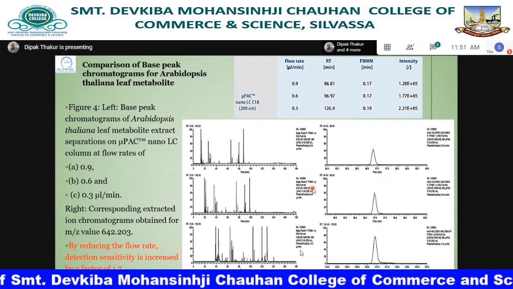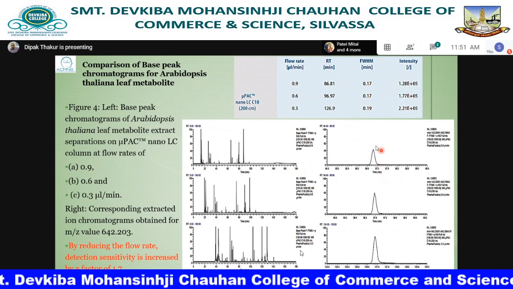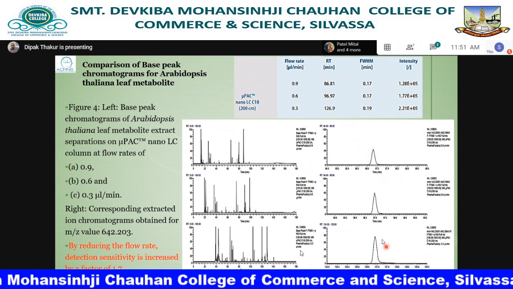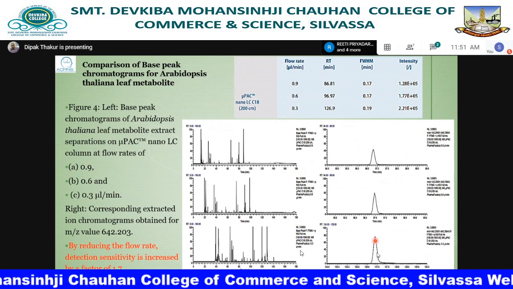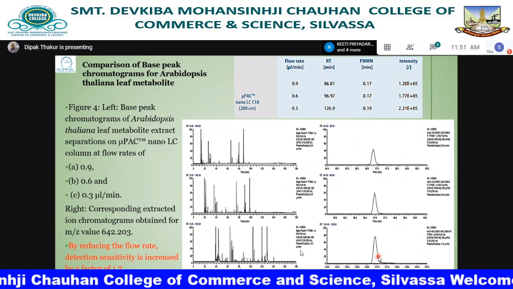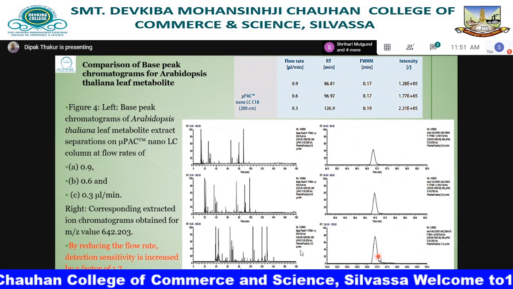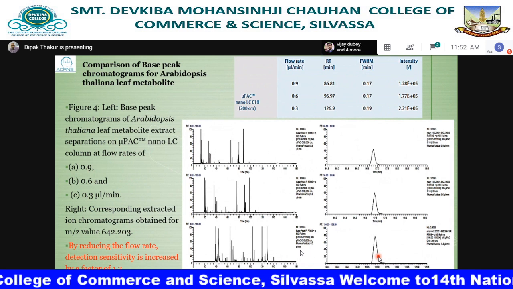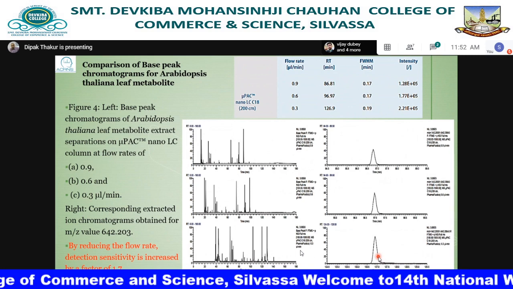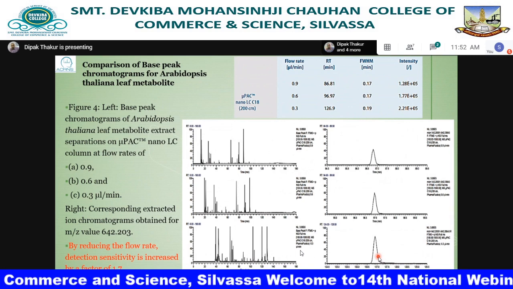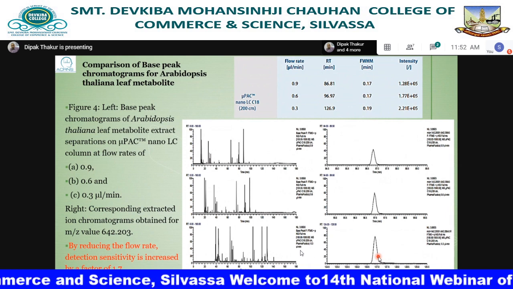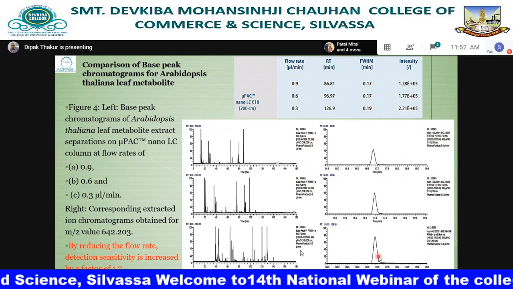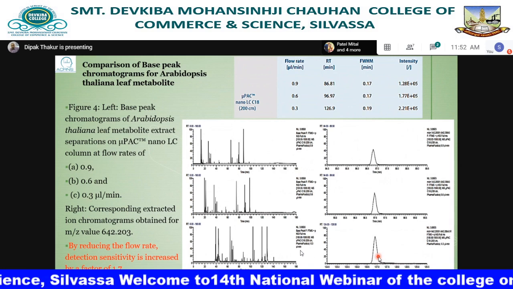So think about it. If your peak is looking like this, with a lower flow your peak will be looking like this, isn't it? When your peak is very close to noise, the lower flow rate benefits you. When you reduce the flow rate, there is better, efficient ionization, and that peak is more intense.